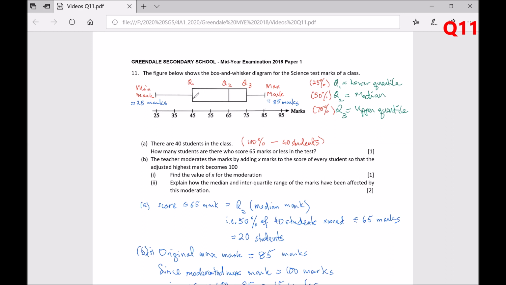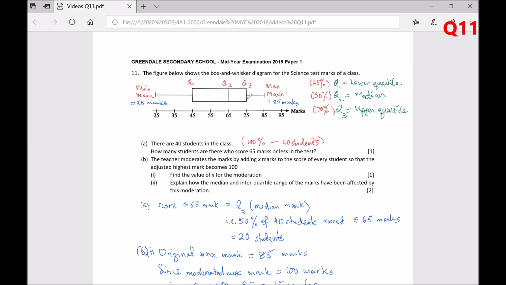This end of the box represents Q1, the lower quartile, which means 25% of the students scored 45 marks or less. Q2 is the median mark, which means 50% of the students scored 65 marks or less.